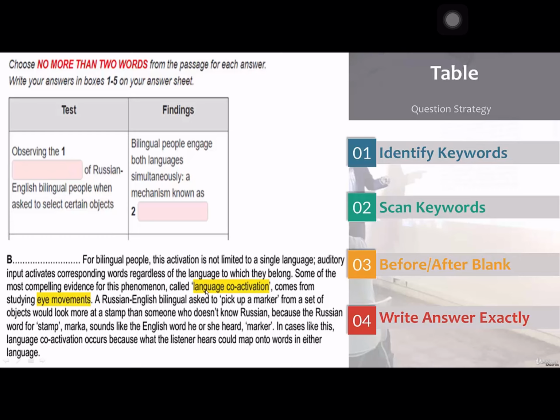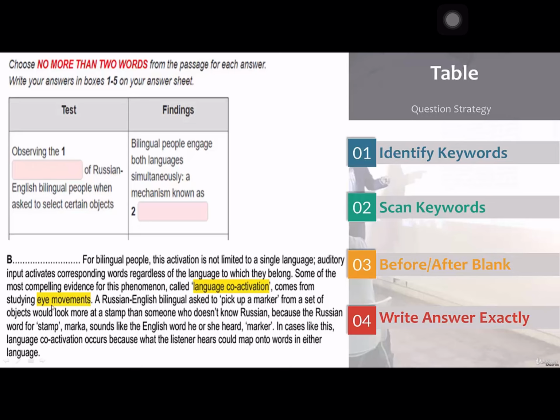So number 2 is language coactivation. Bilingual people engage both languages simultaneously, a mechanism known as. Compelling evidence for this phenomenon known as language coactivation is number 2, but you see in the paragraph, it comes first. Comes from studying. Studying is a synonym for what? Observing.